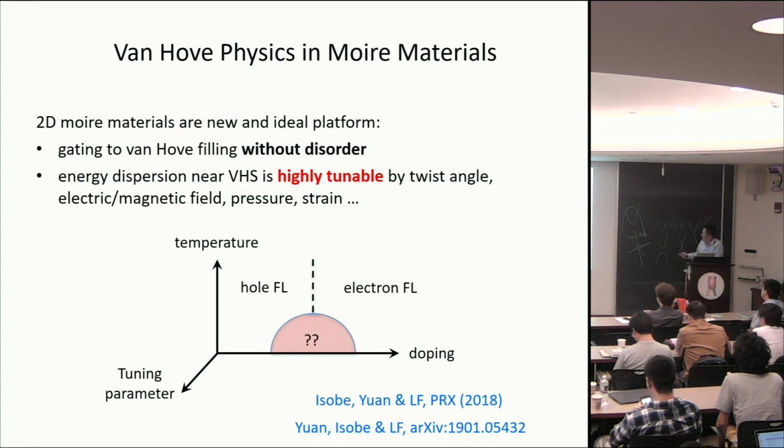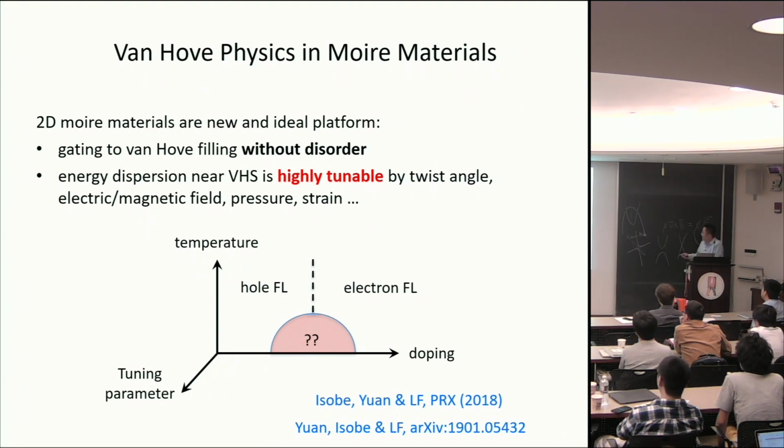Now, the way we think of it is that 2D materials provide a new and ideal platform for studying this whole physics. First, one can always use gating to bring the Fermi energy or chemical potential to this Van Hove filling without introducing disorder. That's one advantage.